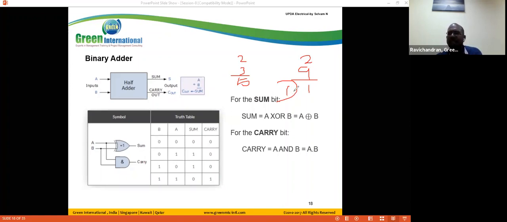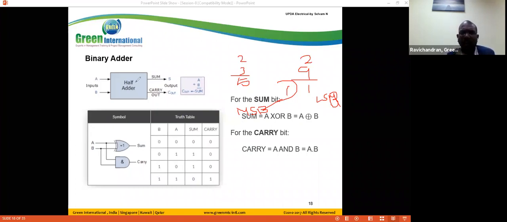The second one is the LSB, least significant bit, and the other is the most significant bit. The most significant bit we call the carry. That's why we say sum and carry.